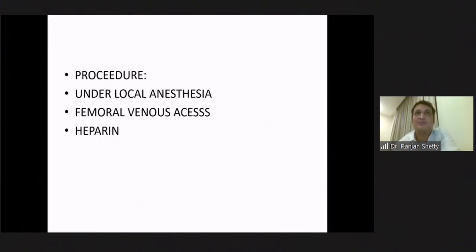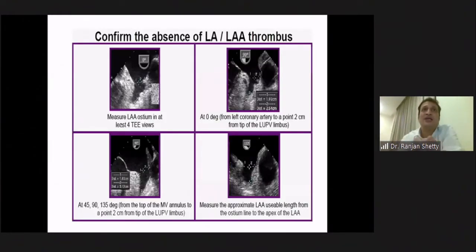I think the last meet, this one which we had decided that this time we are going to go through the basic stepwise understanding of what we should do. Now, before that, let's understand how do you measure LA. So this is something which you need to do. Most of our patients, we don't do a pre-transesophageal echo.